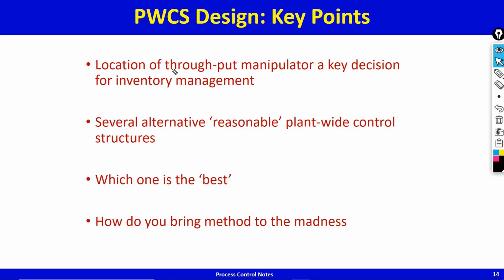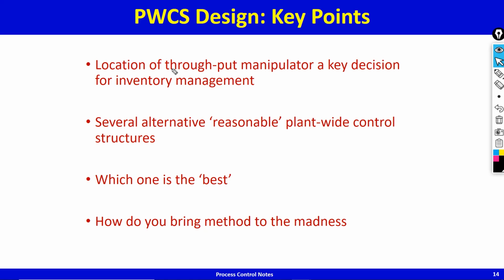So the point is, location of the throughput manipulator is a key decision for inventory management. It's a key decision in the sense that wherever you set throughput, inventory controllers downstream are in the direction of process flow, inventory controllers upstream are in the reverse direction of flow. And there are several alternative reasonable plant-wide control structures depending on where you put the throughput manipulator.